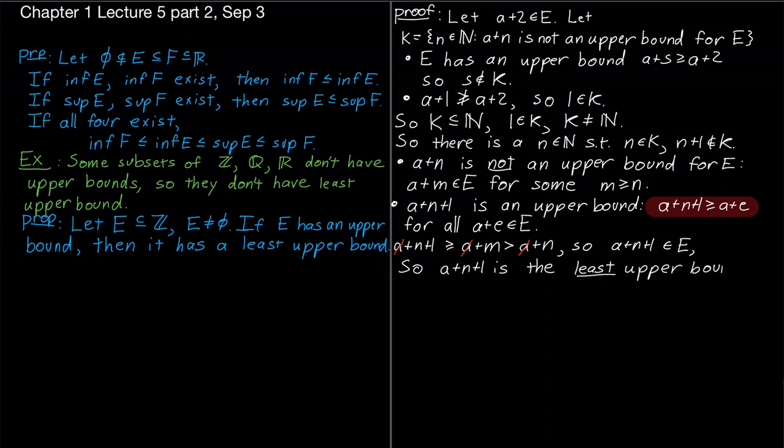By assumption, it is an upper bound, and any upper bound has to be bigger than it because it's an element of E. So therefore there can't be an upper bound that's smaller.